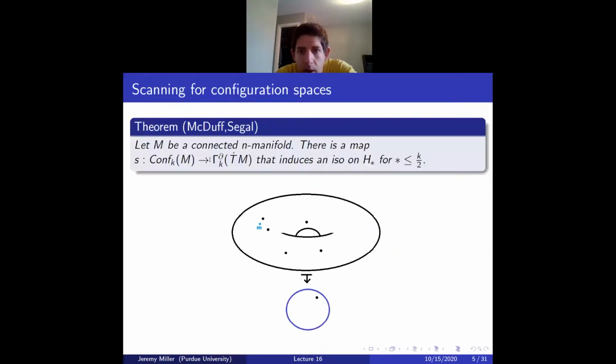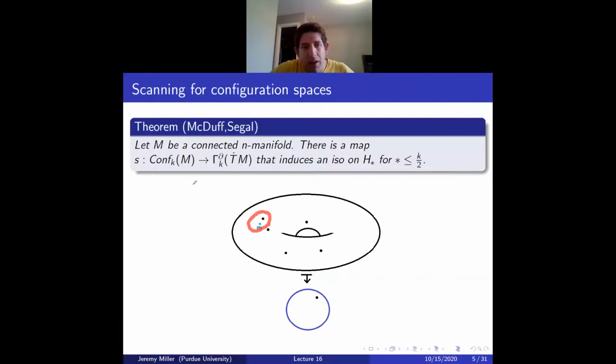The geometric intuition behind this map is again the same as the other things that we have called scanning maps. Just think locally and move around point by point. I'm going to define it, but basically you're going to zoom in and record what you see.